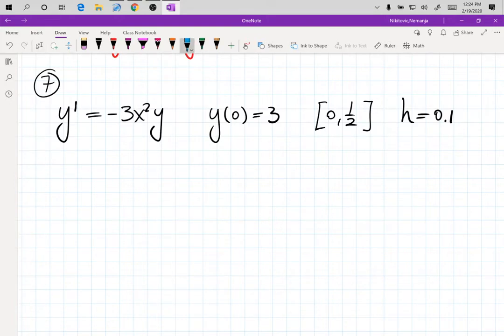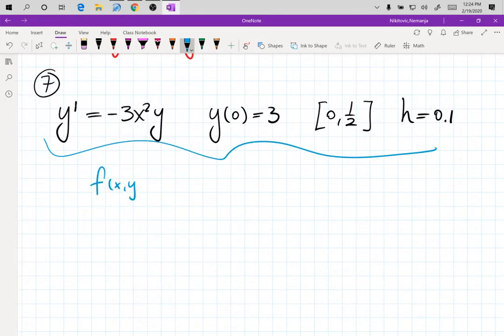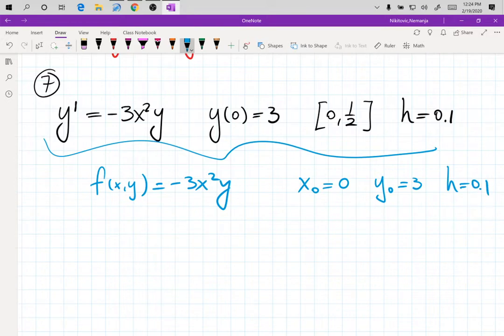So the way it starts is, let me first write all the specs. You are supposed to pick out that f of x,y is negative 3x squared y, that x0 is equal to 0, y0 is equal to 3, and a step size h of 0.1.